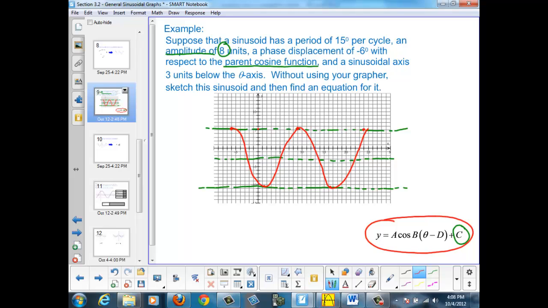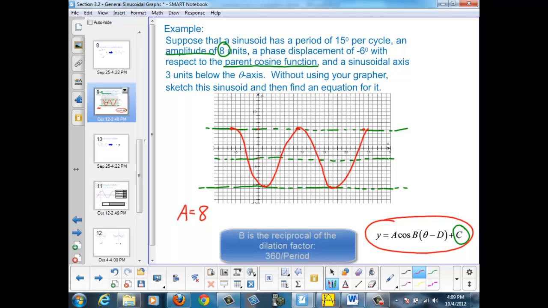Our A value is known as the amplitude, and that's the distance away from our sinusoidal axis, the midline. So as we saw, the distance above and below the midline was 8. So our A value is going to be 8. Our B value is the dilation factor, or the reciprocal of the dilation factor, for our period.